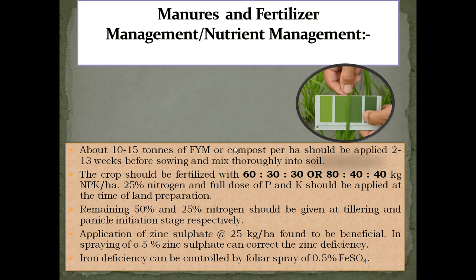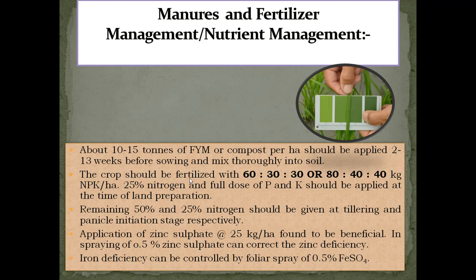Here we can see that the organic manures, it may be FYM or compost, should be applied before the sowing of the crop, because these organic fertilizers or manures are slow release nutrients which have a high C/N ratio. It requires more time for the decomposition and the release or availability of the nutrients. That's why it should be applied before sowing, at least 1 month before, or at least 15 to 20 days before sowing.